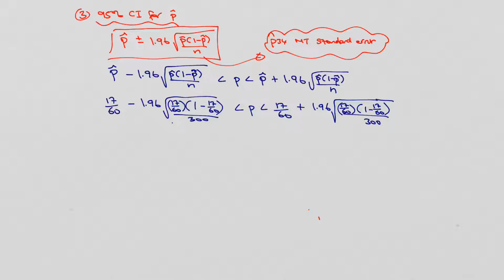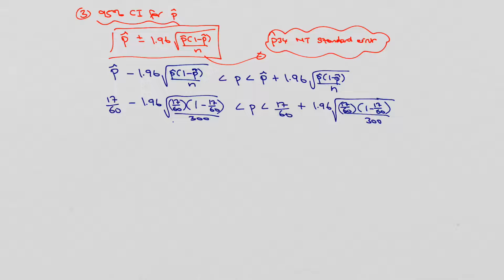Okay, so putting all of that into our calculators, then what do we get? So on the left-hand side, then that gives us 0.2323, less than P, which is less than, and on the right-hand side then we get 0.3343. So this is our 95% confidence interval for the population proportion.